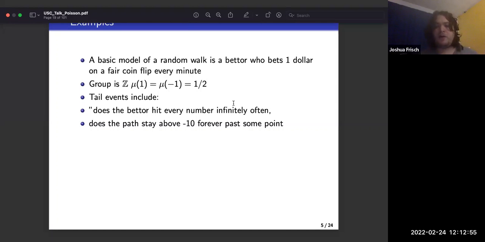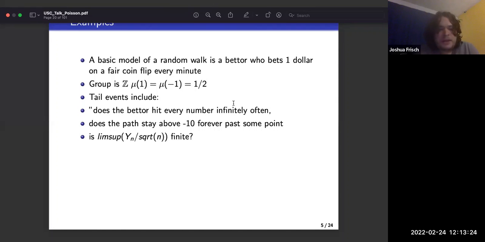Well, no. You're hitting every point, and therefore you will hit every point below -10 again and again. Now, if instead we took a weighted random walk, if our bettor was a fortuitous bettor who won, say, 51% of the time, then of course you would eventually stay above -10. So which tail events have probability 0 and probability 1 depends in a very intimate way on the measure.